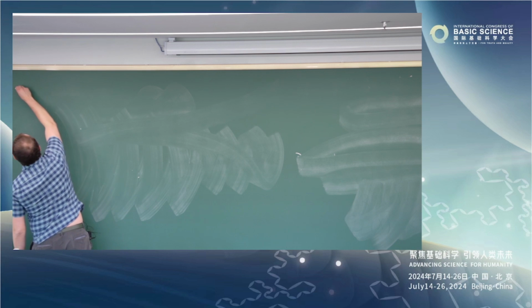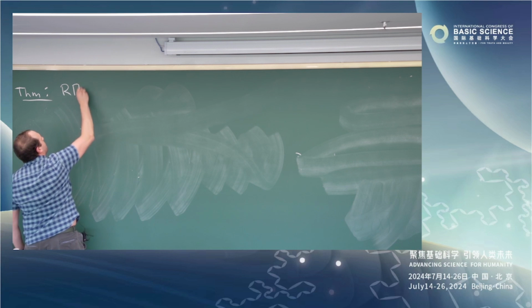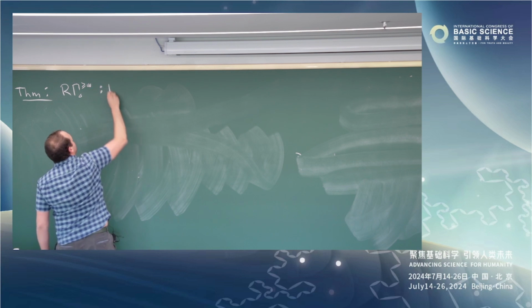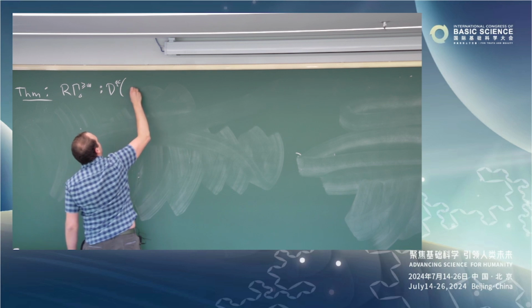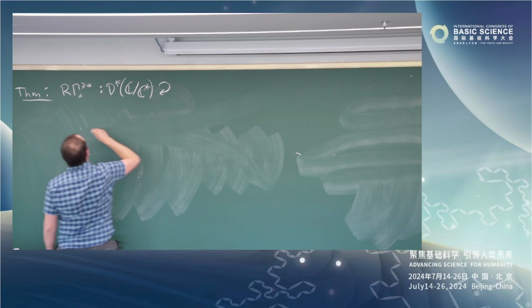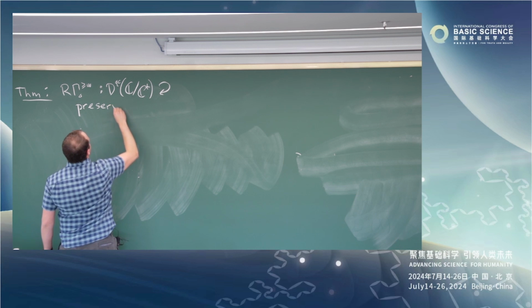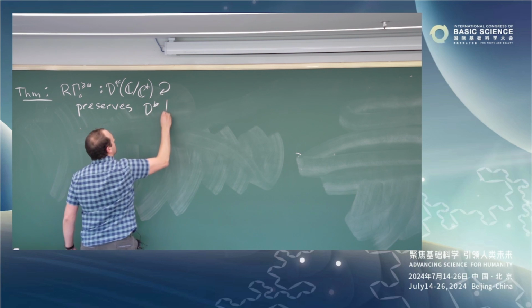So in this case, it's a theorem that this restricted cohomology functor, a map from D_QC of C mod C star to itself, preserves DB.